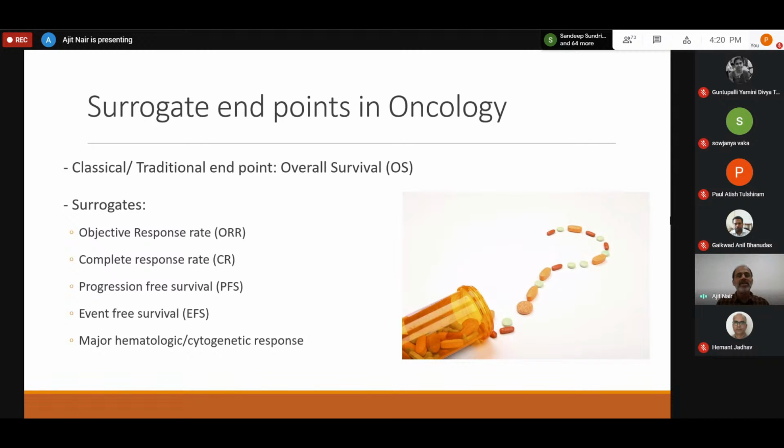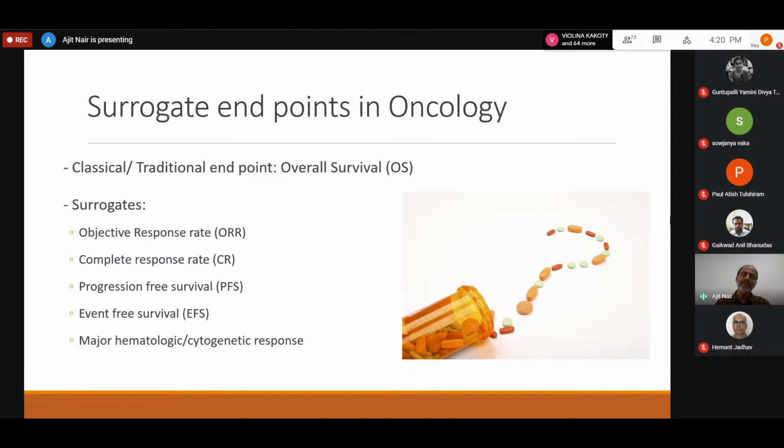Some of these surrogates are objective response rate, complete response rate, progression-free survival, and event-free survival. In some of the hematological malignancies, the blood cancers, there are major hematologic or cytogenetic responses. So these are indicators that the regulators are willing to look at surrogates and not the traditional endpoints.